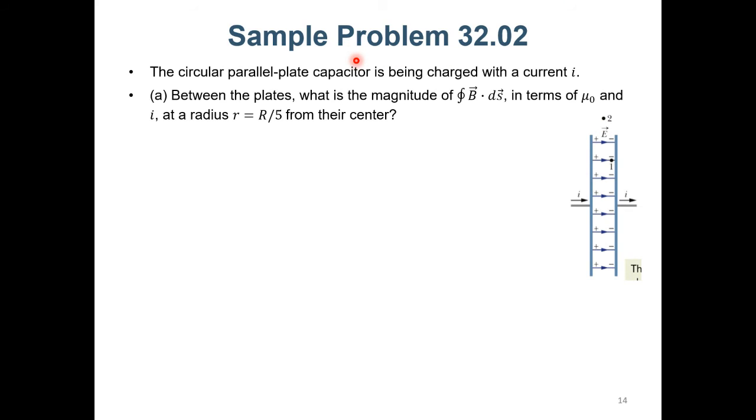So for this one, sample problem 32.2. A circular parallel plate capacitor is being charged with a current I. And between the parallel plate, what is the magnetic field magnitude in terms of mu0 I at the radius r equals capital R over 5?